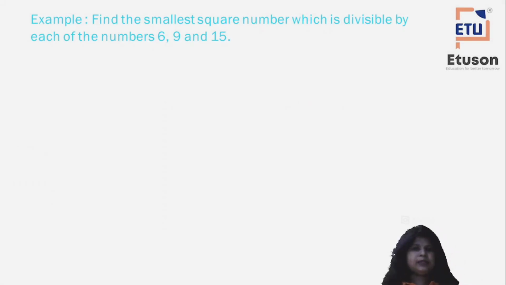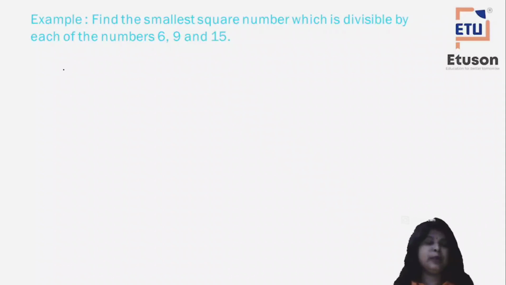Find the smallest square number which is divisible by each of the numbers 6, 9 and 15. So here there are two sections. So first you have to find out the least common multiple of these three numbers. Okay.